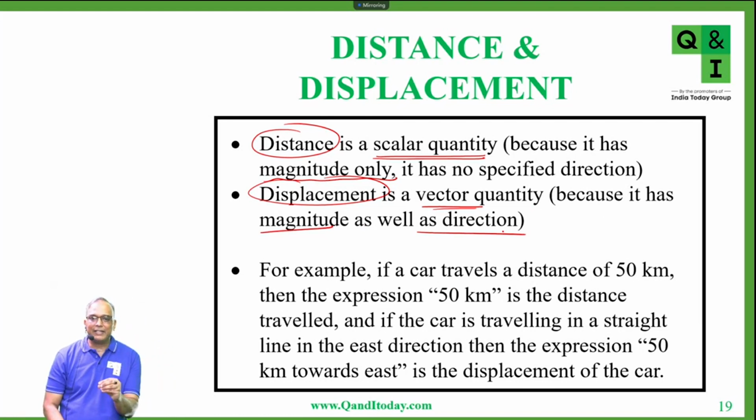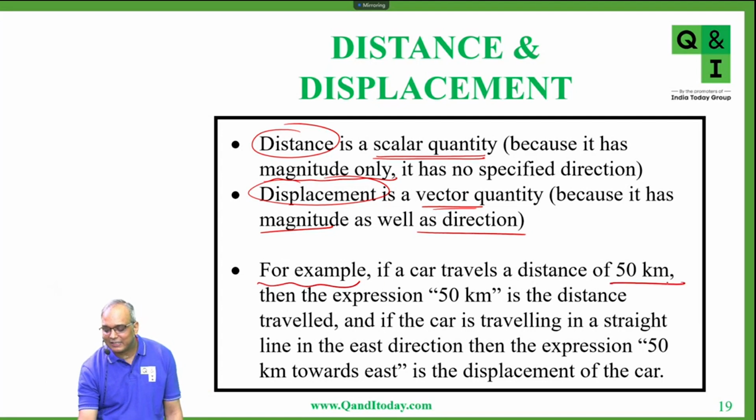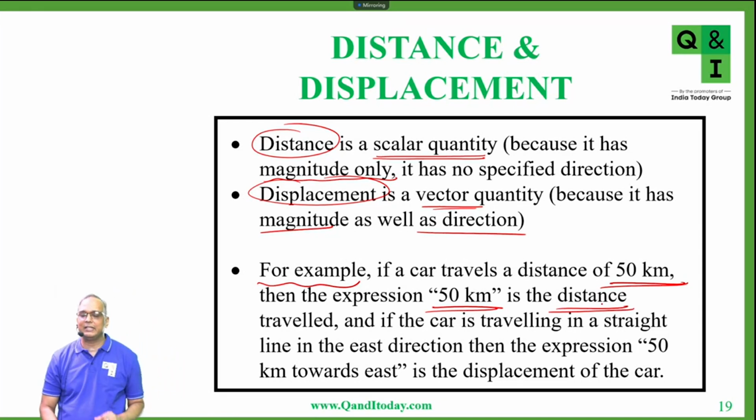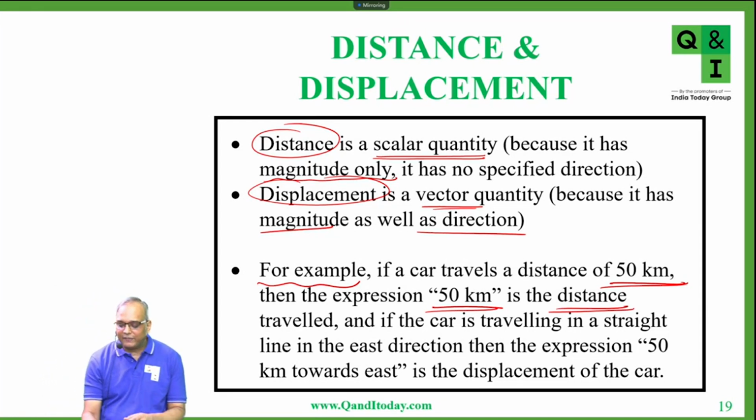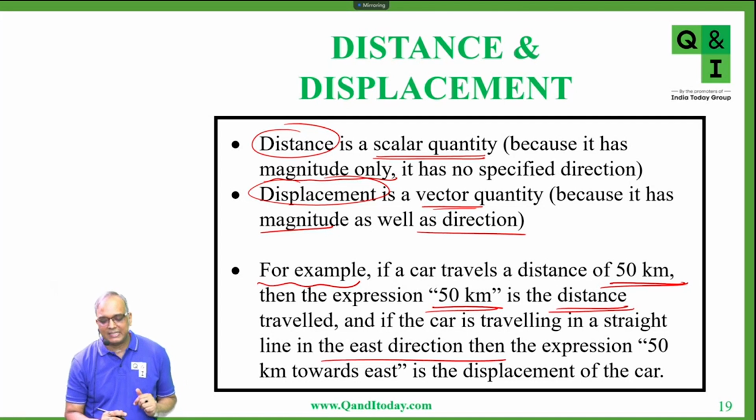So let's take one example. We have initially also discussed this. If a car travels a distance of 50 kilometer, then the expression 50 kilometer is the distance traveled because you are not mentioning the direction here. Now, if the car is traveling in a straight line in the east direction, then direction is mentioned.